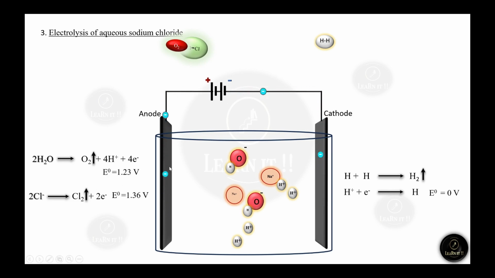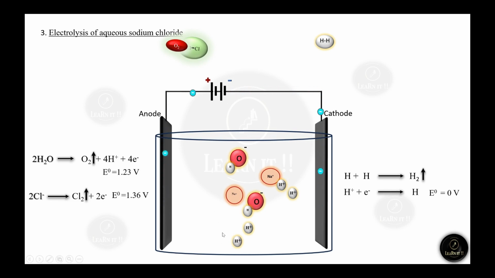We know here oxidation takes place, so according to the electrochemical series, the one whose reduction potential value is lower is going to take place. But it depends upon the concentration of the solution.